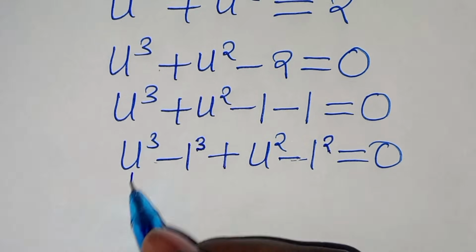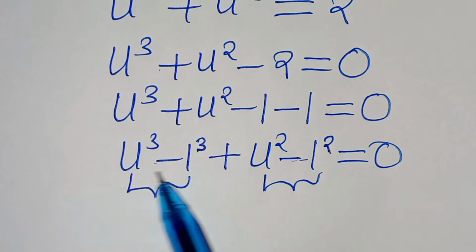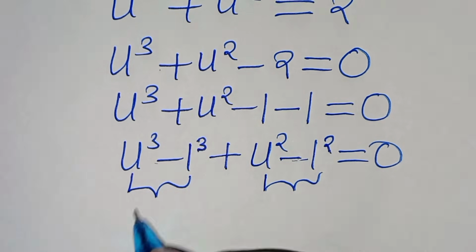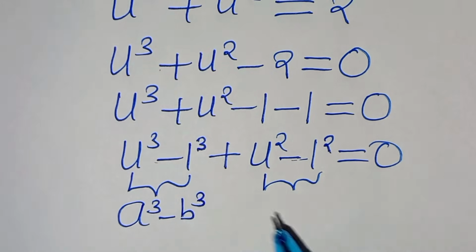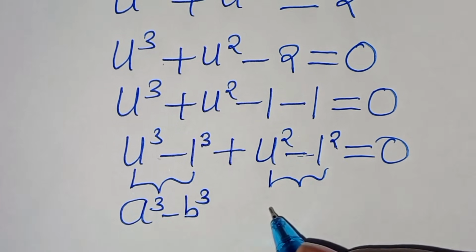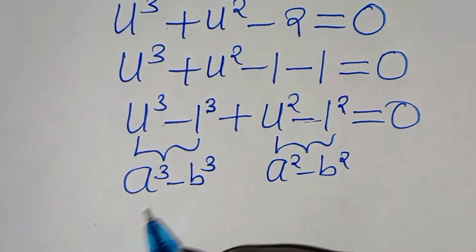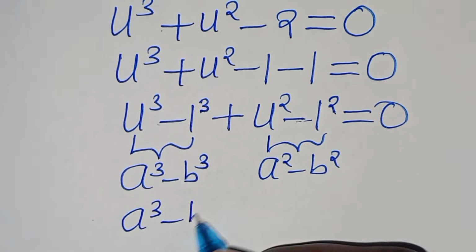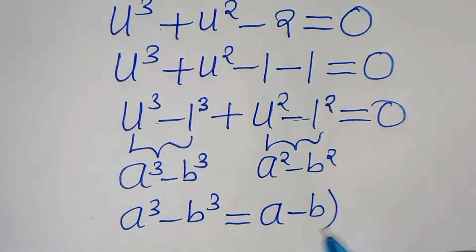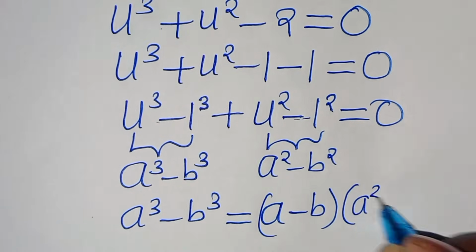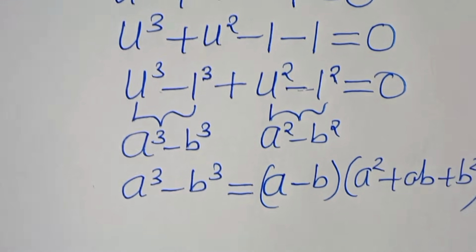If we check these two parts, the first part is the difference of 2 cubes, expressed as a to the power of 3 minus b to the power of 3. The second part is the difference of 2 perfect squares. a to the power of 3 minus b to the power of 3 can be expressed as a subtract b, a to the power of 2 plus ab plus b to the power of 2.